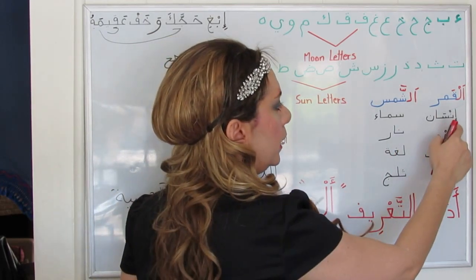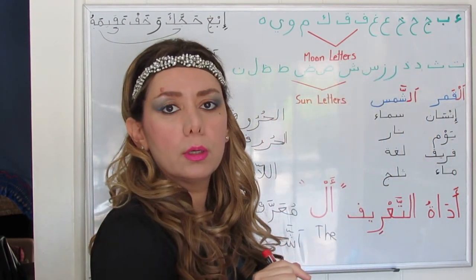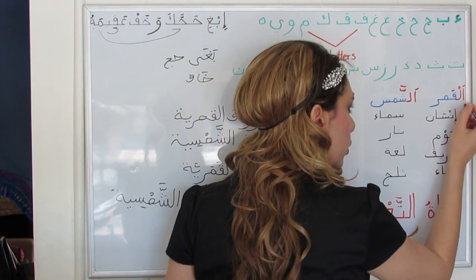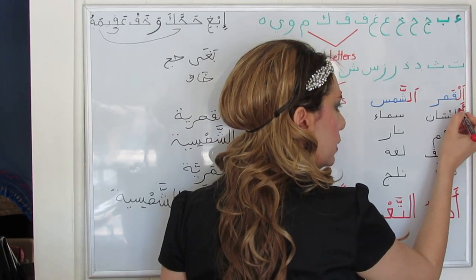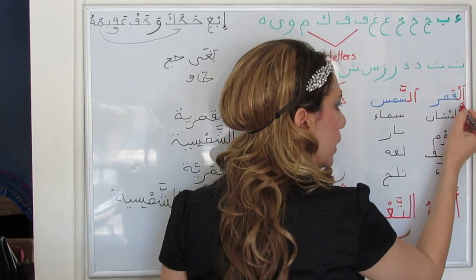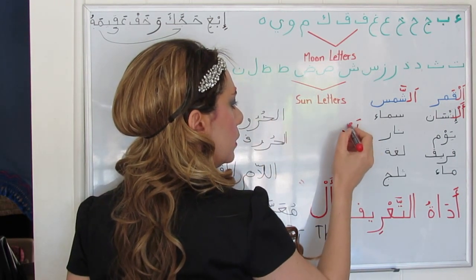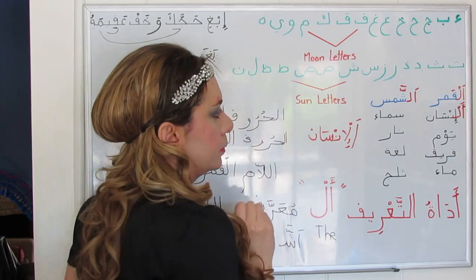Let's prefix the other words. Insan: the hamza belongs to the moon letters group. So al-insan. You will pronounce the hamza and the lam. Al-insan means the human being.